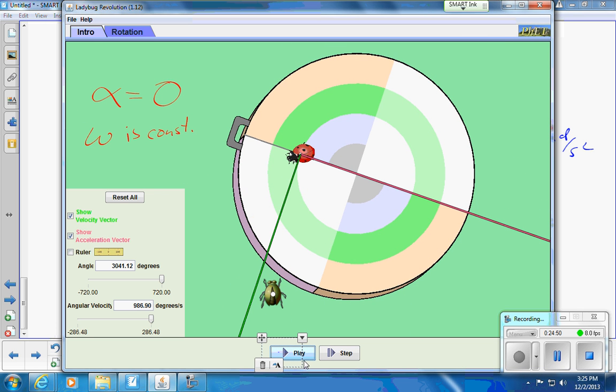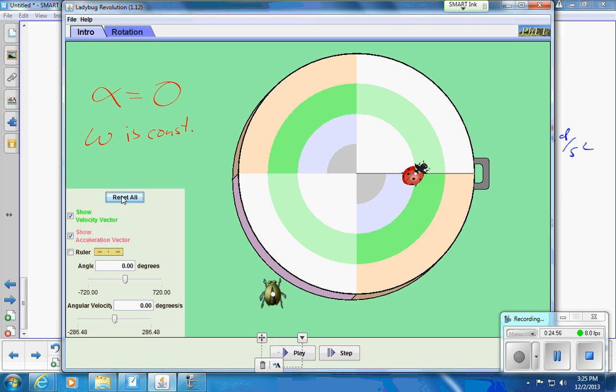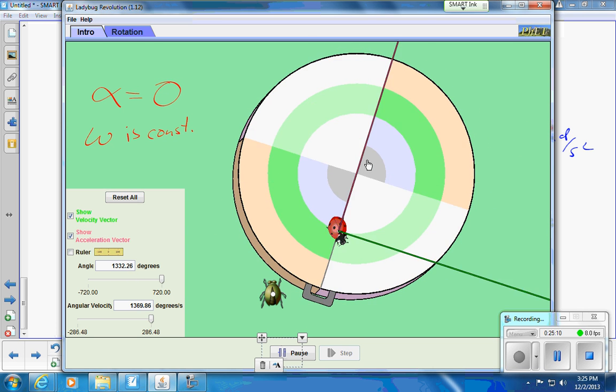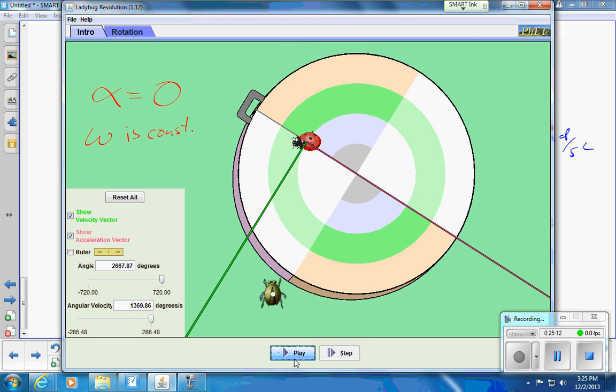Pause. Right now it's going at a constant angular velocity, but if I reset, you can set up the simulation yourself and try it. But can you actually see the acceleration vector not pointing radially, not pointing tangentially, but somewhere in between? I think you can see it there for a second. Pause. Stop.